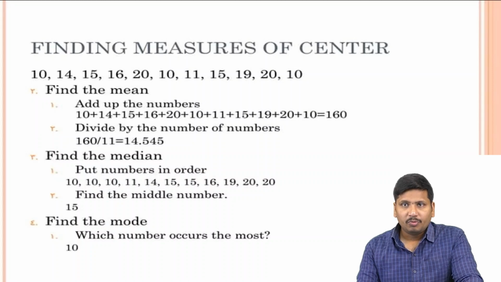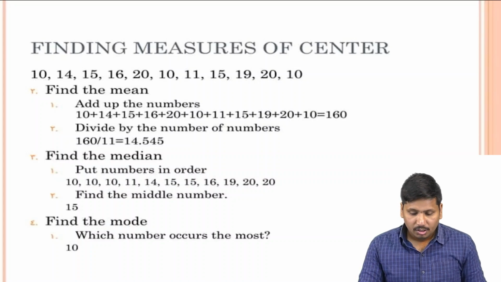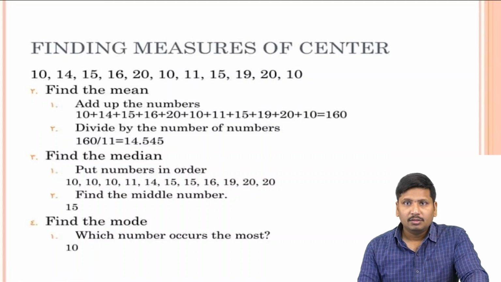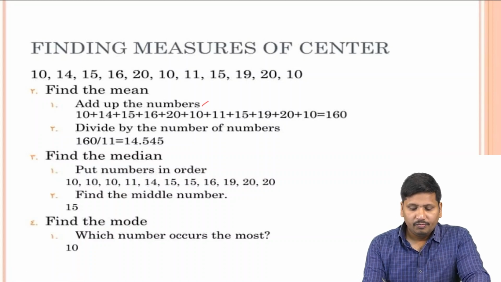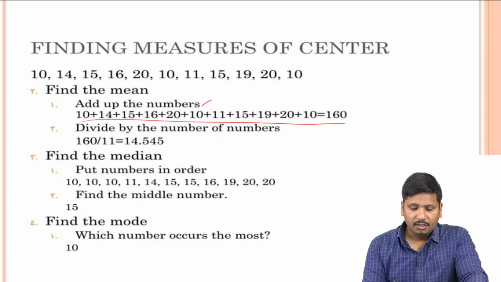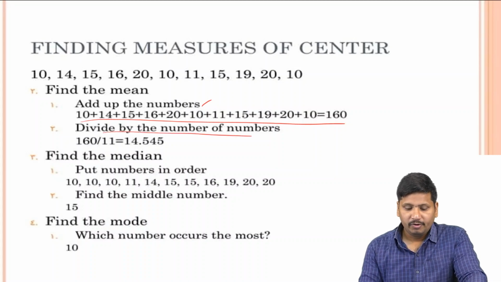See the example, if I have a list of n numbers, we're going to calculate the mean. First, you have to calculate the mean by adding up the numbers, and by adding this I get 160, and this is going to be divided by the number of numbers, 160 divided by 11, so this is the mean value of the series.